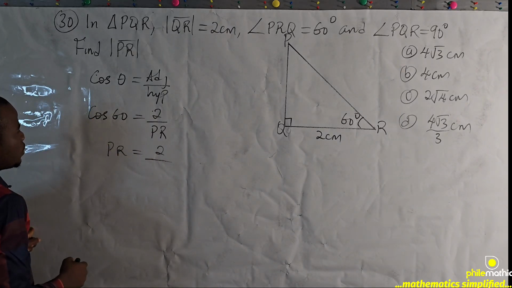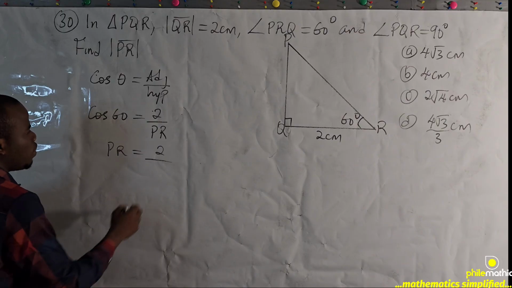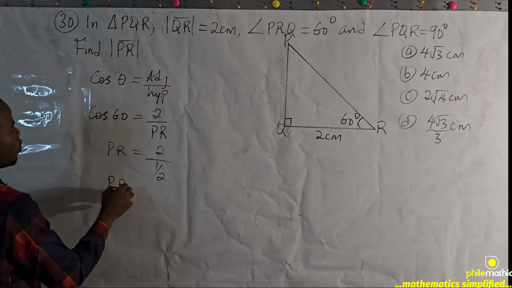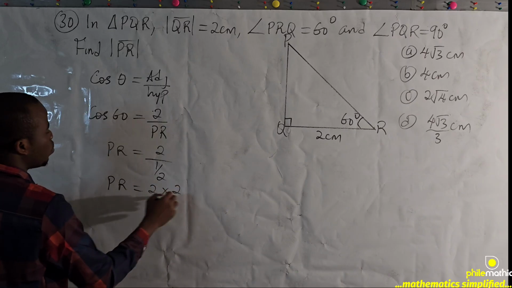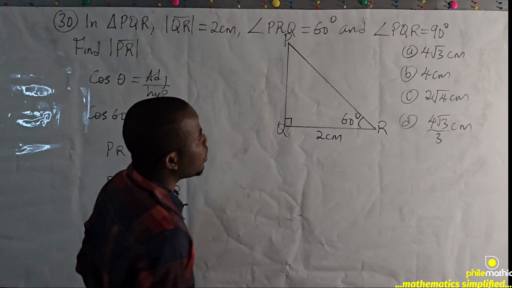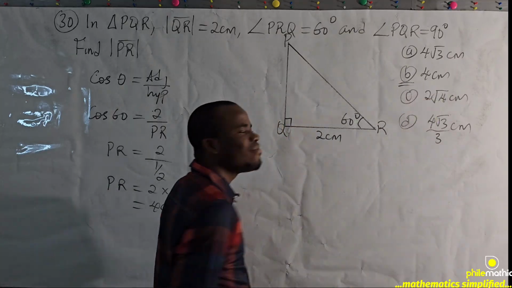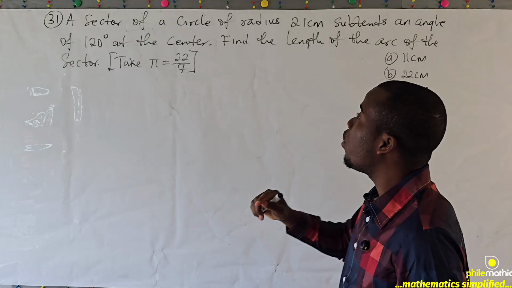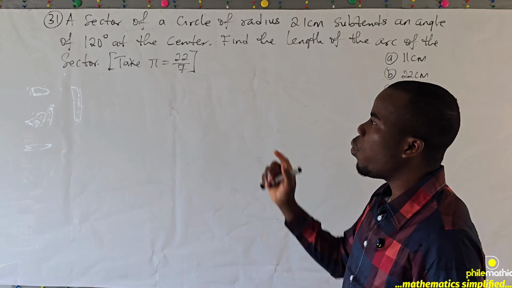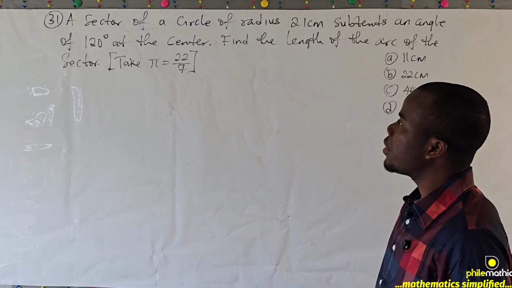Cos 60 is 1 over 2. And so PR will be 2 times 2. This is 4 cm. That's what PR is. That's B.